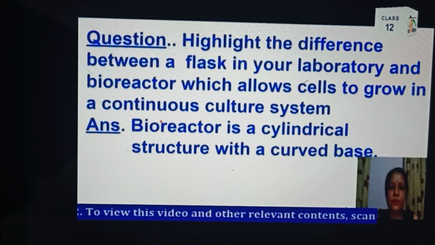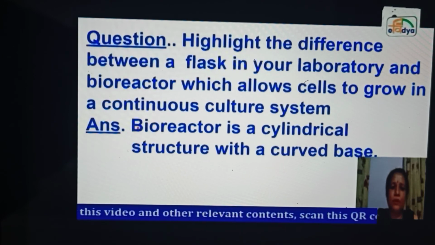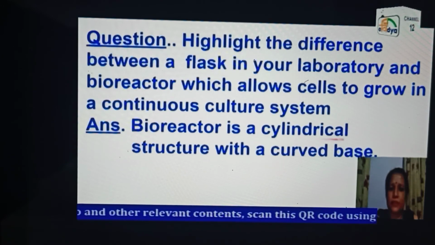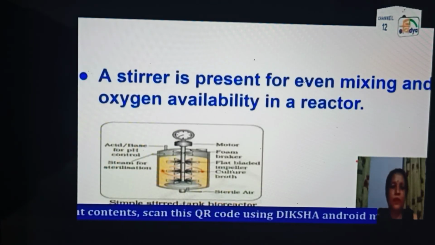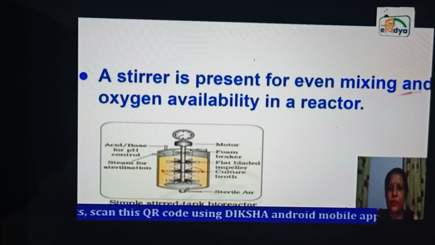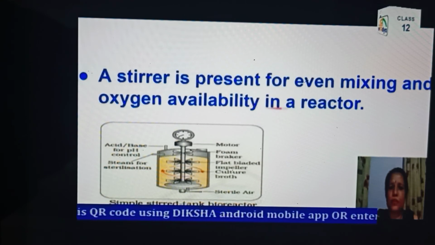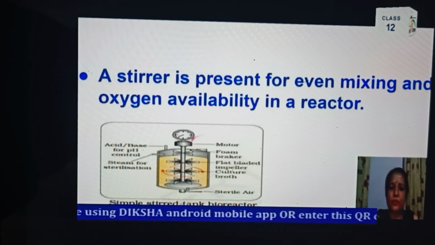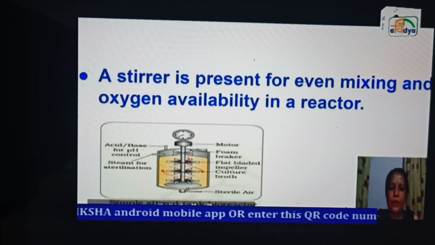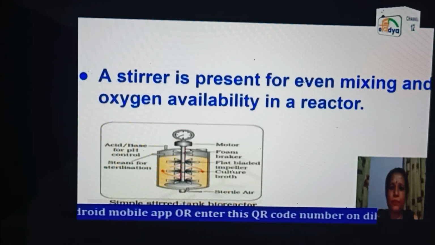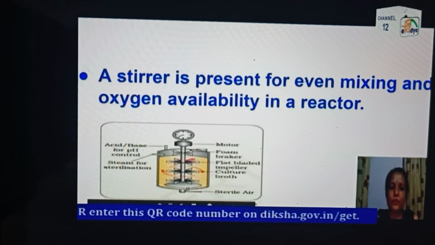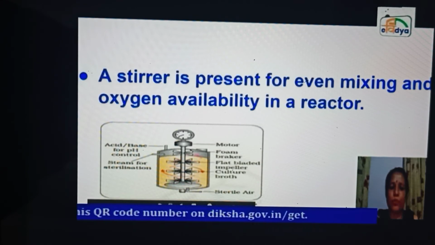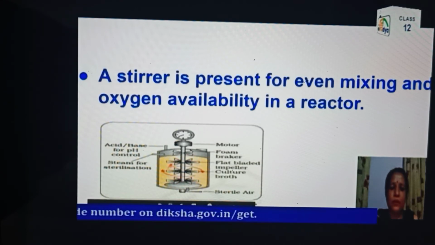So what is the difference between the two? Bioreactor is a cylindrical structure with a curved base. A stirrer is present for even mixing and oxygen availability in a reactor. So all the microorganisms get a proper amount of oxygen.